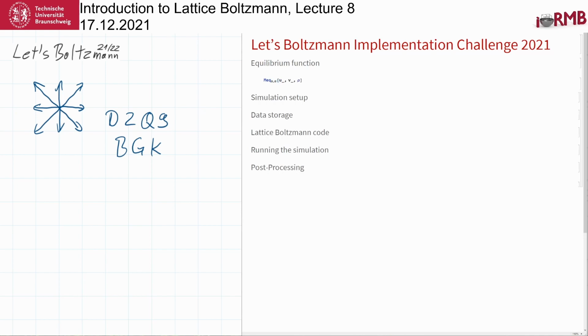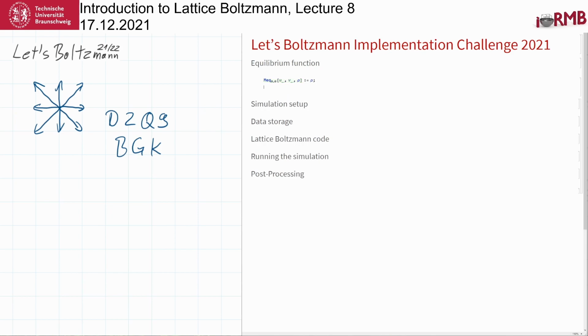So this we define as, so this is the zero moment. The zero moment obviously is a conserved moment and is equal to rho. So this is the definition of the zero moment. Then we have the two first order moments, MEQ, so 1 and 0.